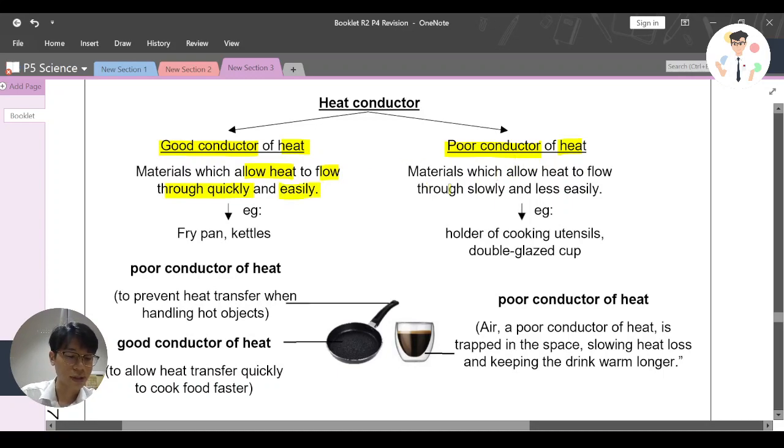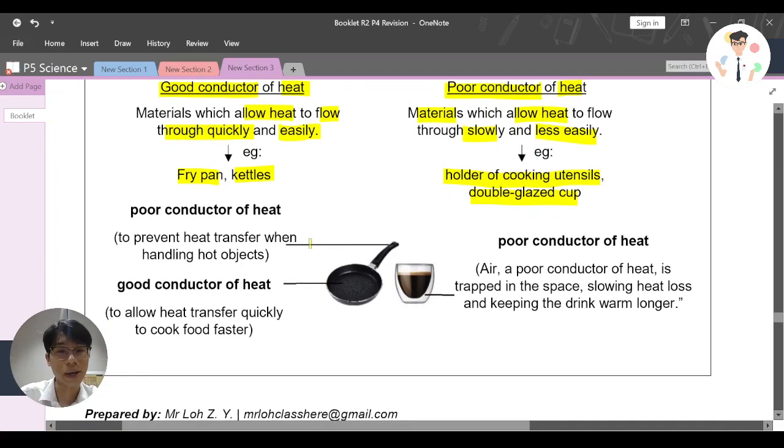A poor conductor means materials that allow heat to flow very slowly and less easily, so it is kind of hard to flow. For example, good conductors of heat are frying pans and kettles, and poor conductors of heat are the holder of a cooking utensil or a double glaze cup.